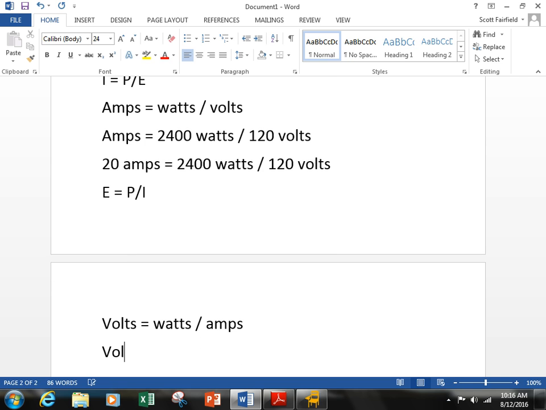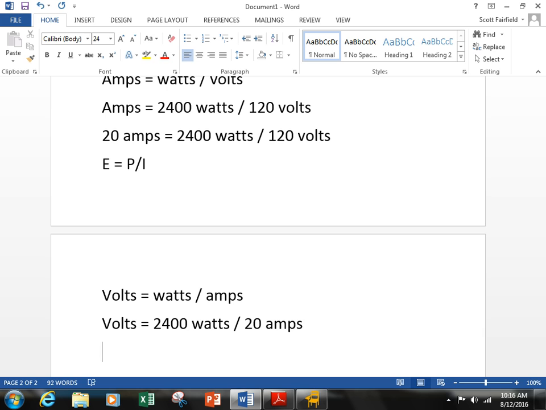So in the circuit, if we're not sure about the voltage rating, we could do that mathematically. We say, okay, I happen to have 2,400 watts on the circuit, and the ammeter said there's 20 amps flowing through the wire, then at that given point there should be 120 volts.